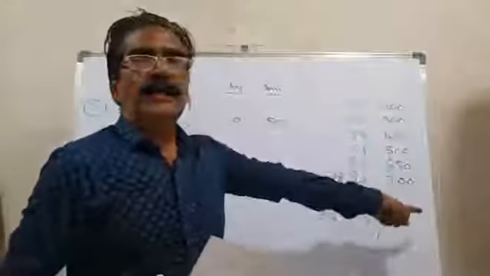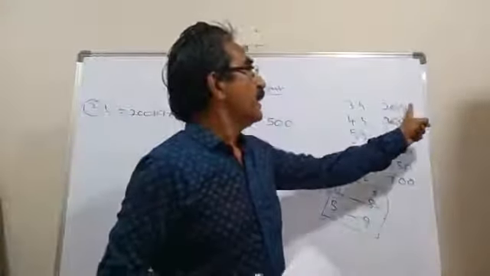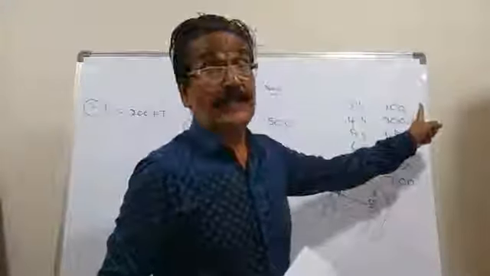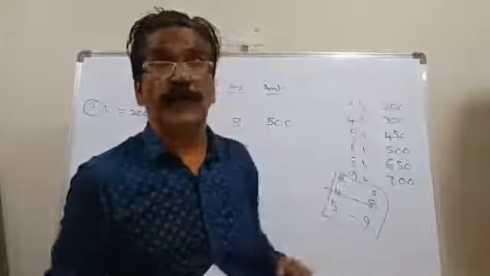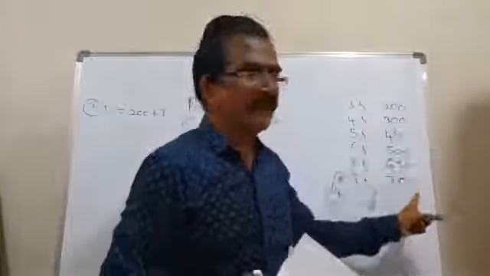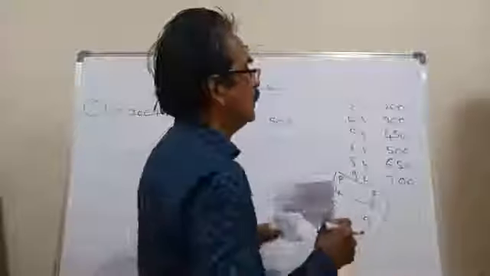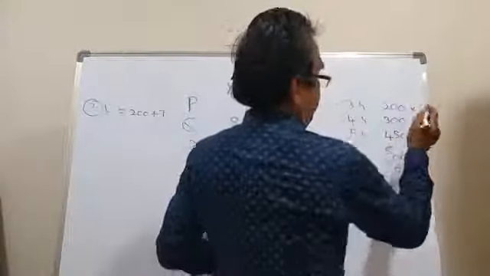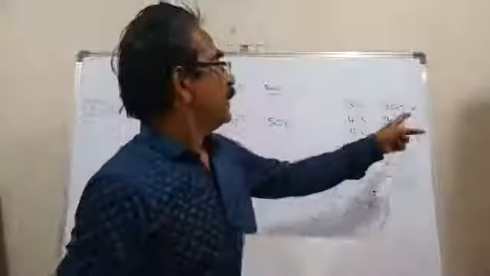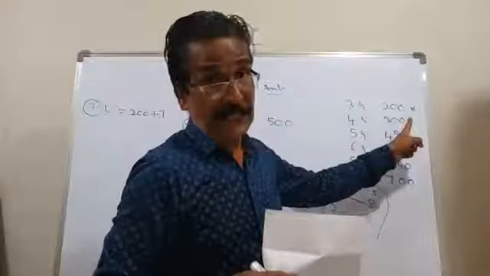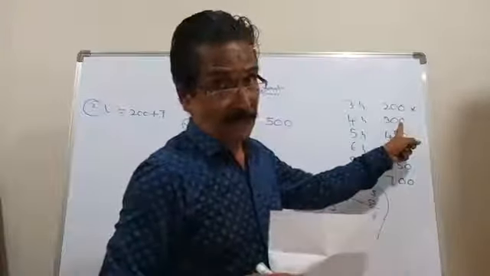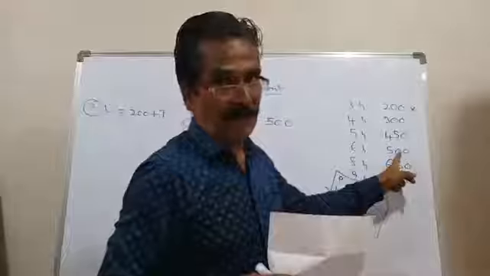So, if T earns 200, U earns 400. 400 is not there. So, this is eliminated. If T earns 300, U must earn 500.